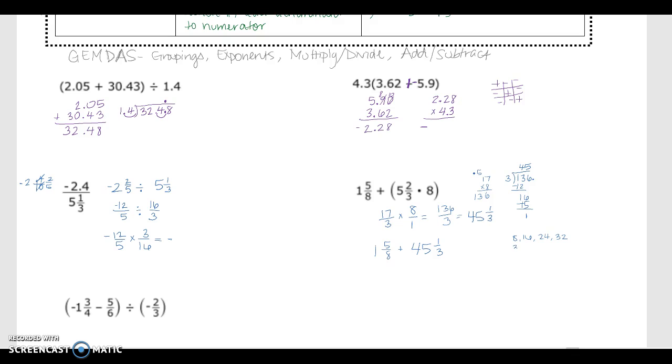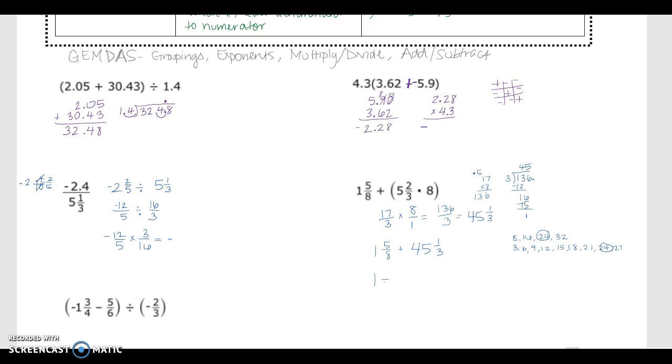And then I think about 3. 3, 6, 9, 12, 15, 18, 21, 24, 27. Okay, it looks like the smallest number in both is 24, okay?